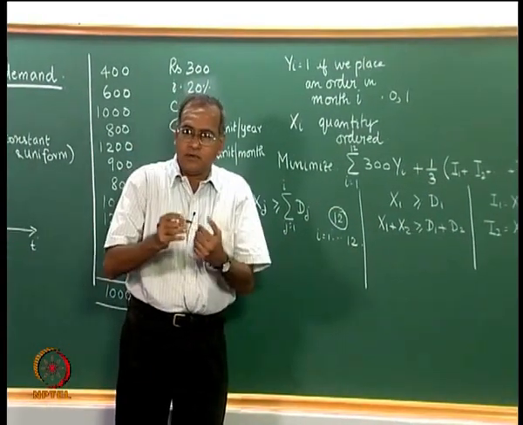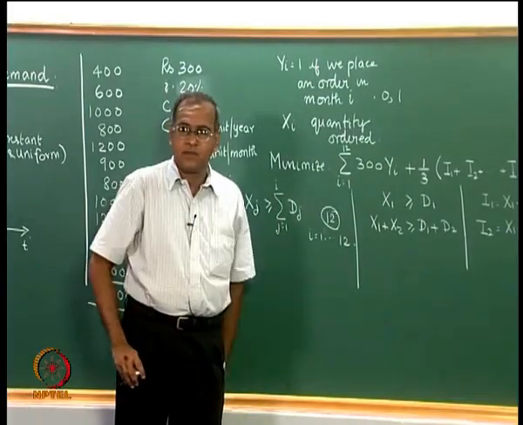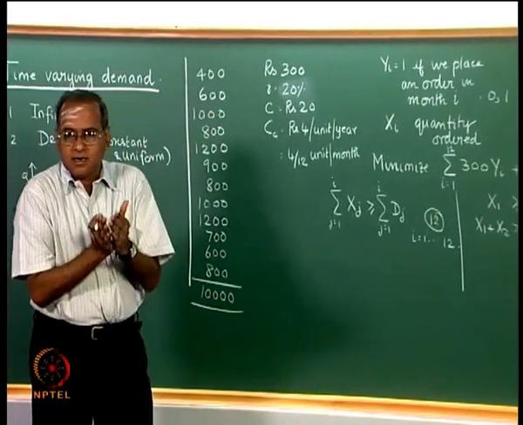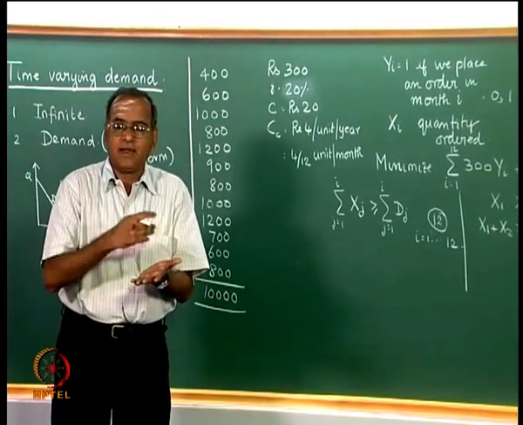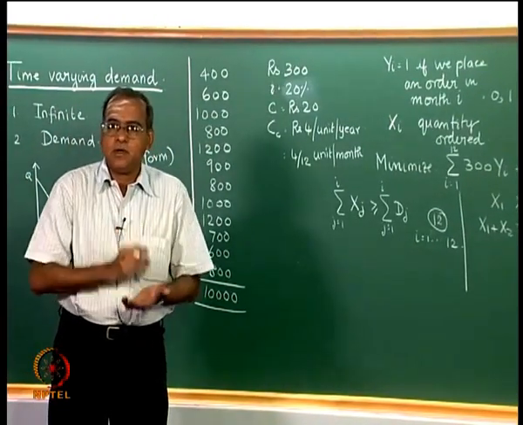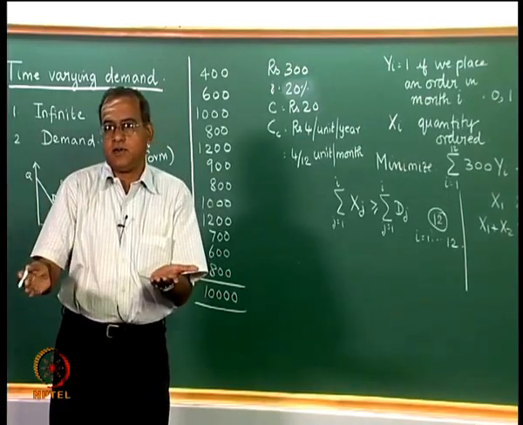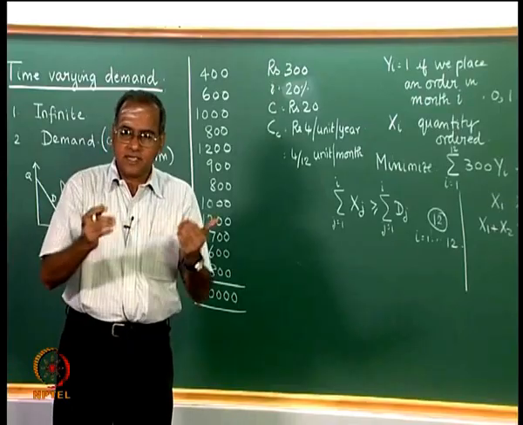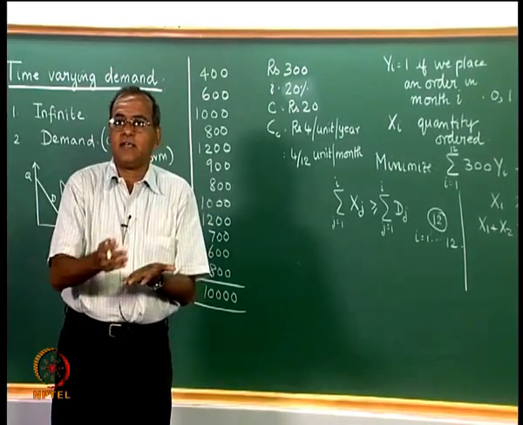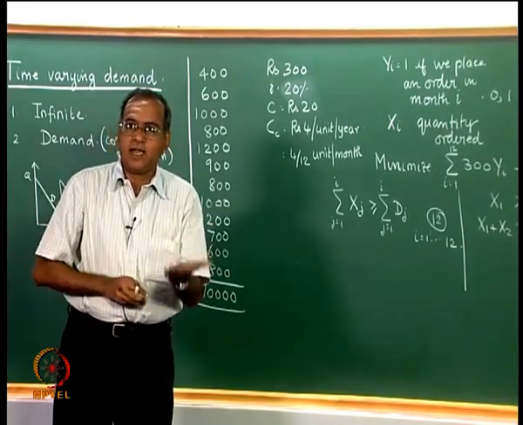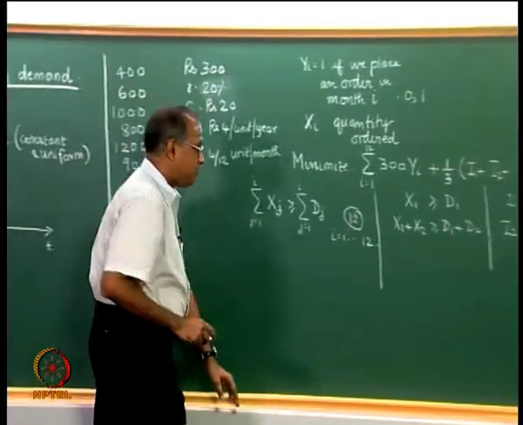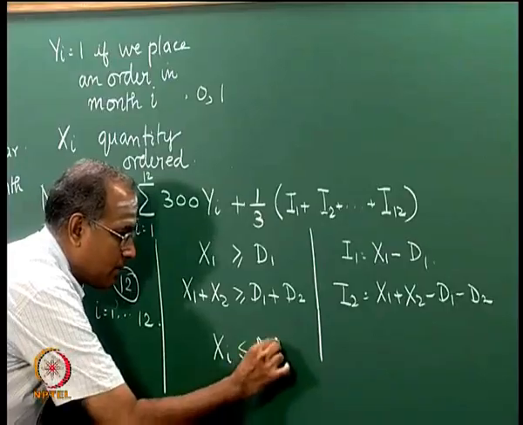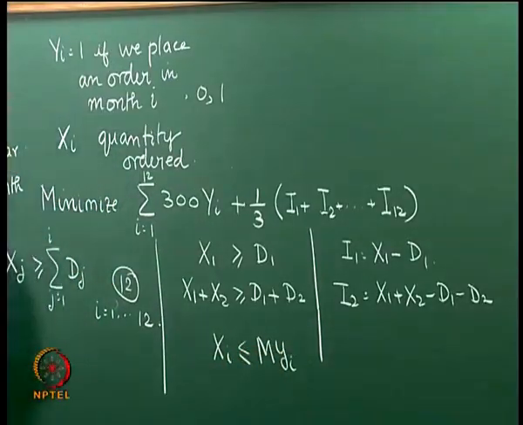Then we also need to link the x with the y. x is the quantity that is ordered, and we can order xi in the ith month only if we choose to order, which means the corresponding yi has to be 1 if xi is greater than 0. So we need to relate the x and y, which is done by the usual constraint, xi is less than or equal to big M into yi.